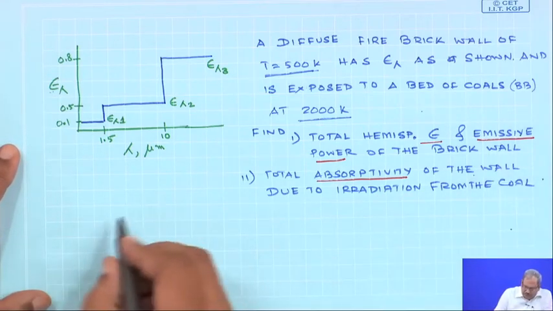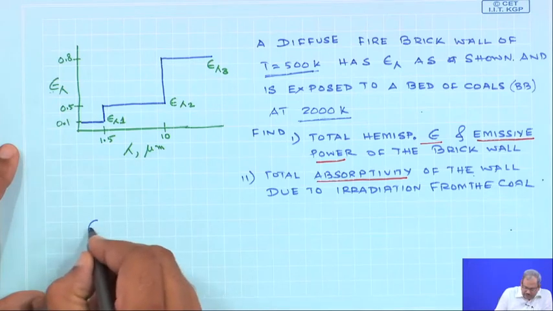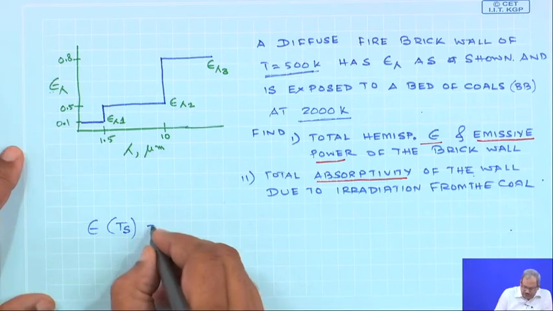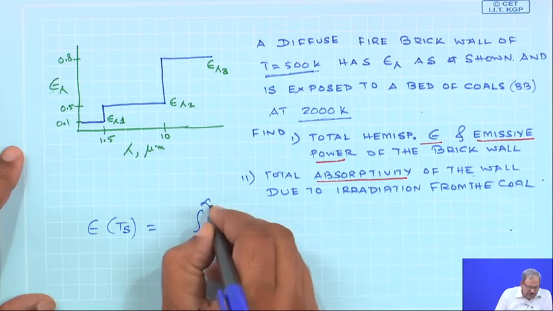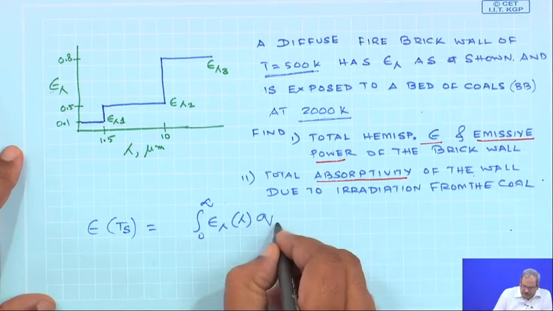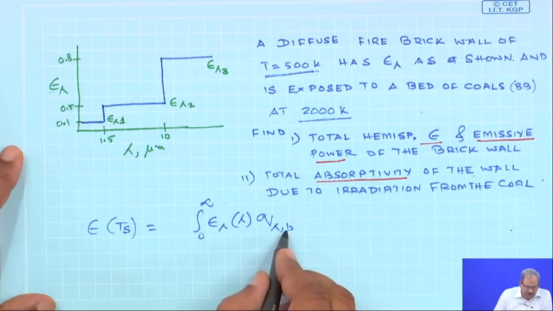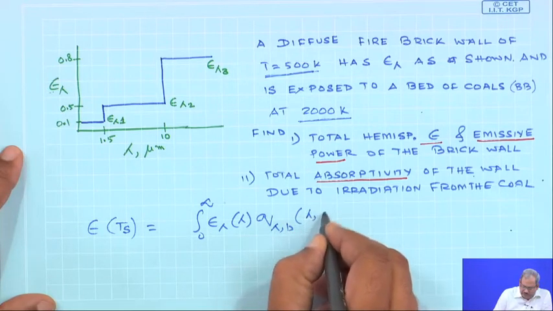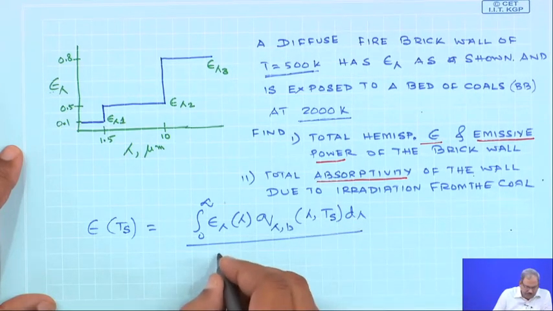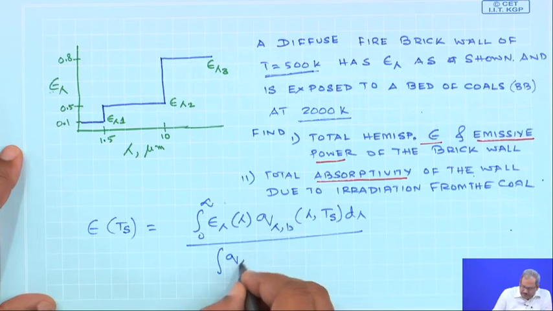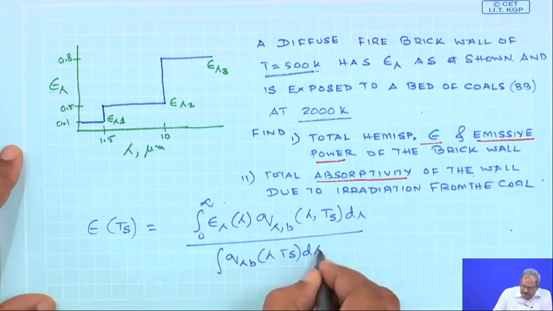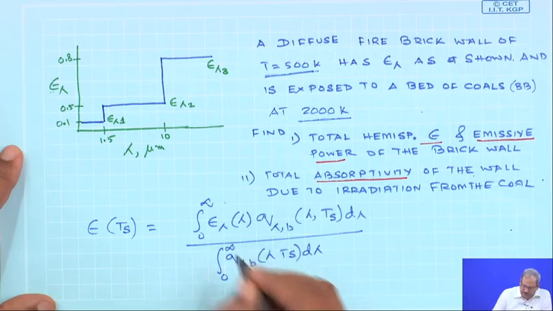So, I first start with the definition of epsilon, where Ts is the temperature of the surface. By definition it is going to be the integral from 0 to infinity of epsilon lambda, which is a function of lambda, times q lambda b, the spectral emission from a black body at temperature Ts, d lambda, divided by the integral of q lambda b at Ts d lambda from 0 to infinity.